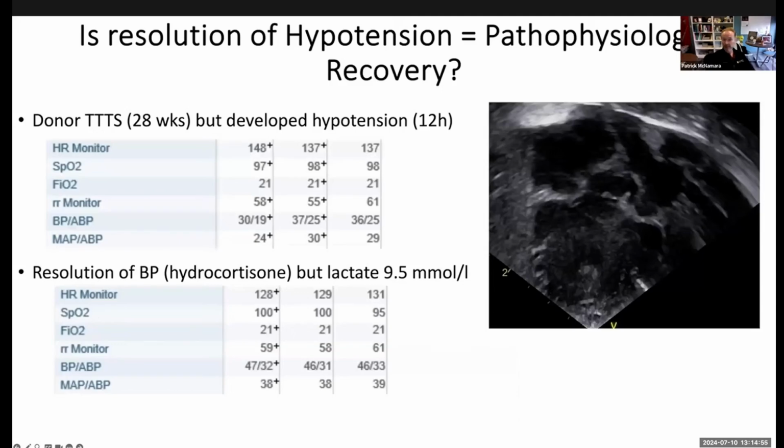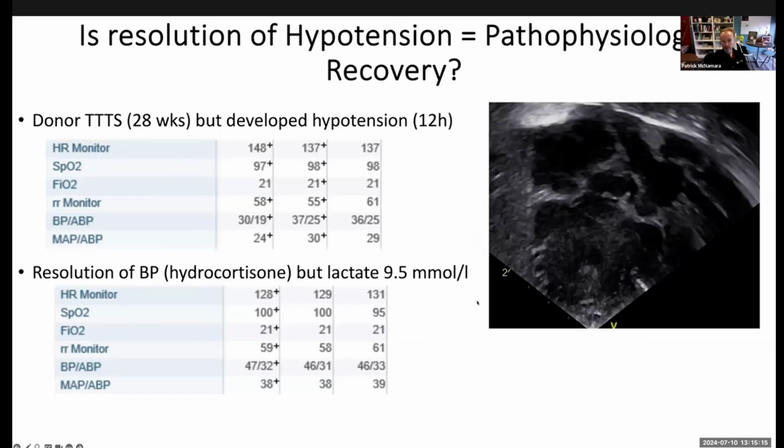To further emphasize the point, does resolution of low blood pressure mean pathophysiologic recovery? This was a twin born at 28 weeks gestation who was hypotensive, got treated, and the blood pressure recovered. You can see 47/32, which is normal, but the infant persistently had elevated lactate.